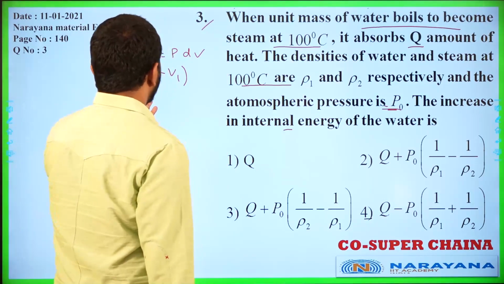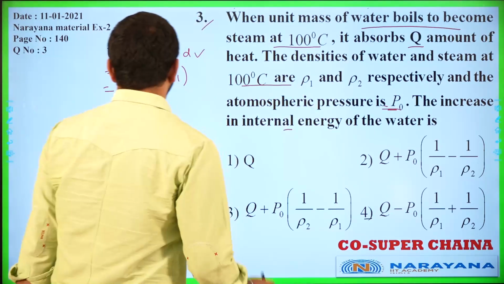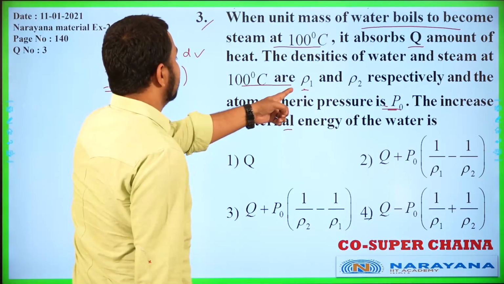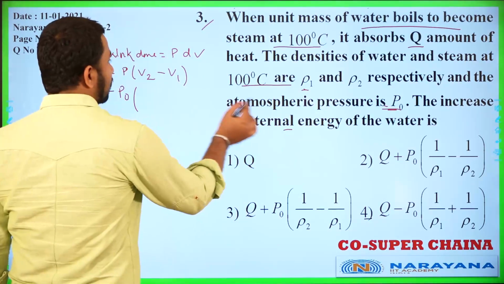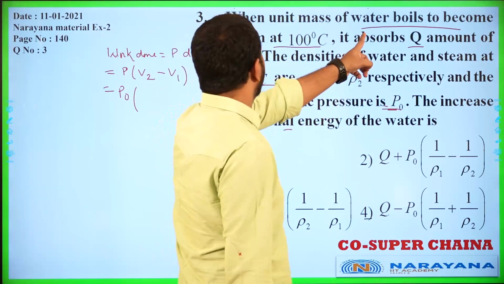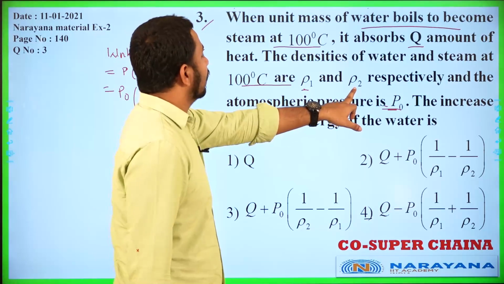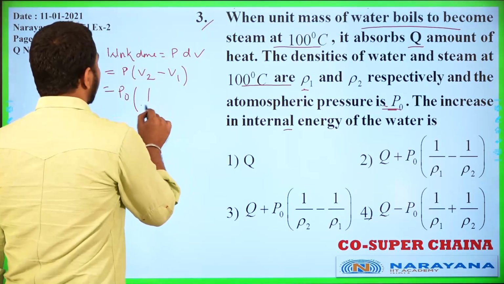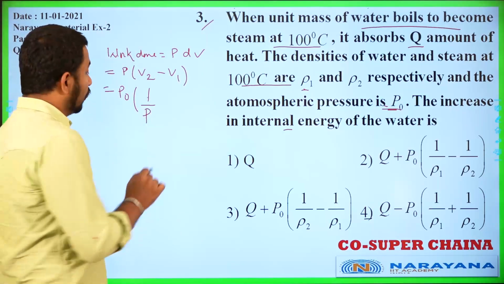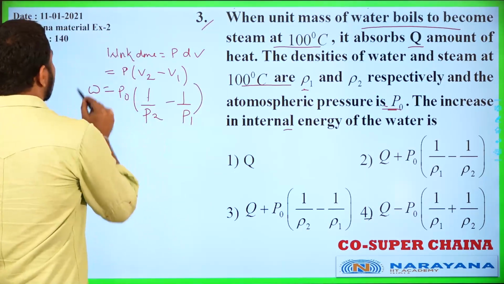It will be changing the state from this ρ1 to ρ2 here. So here we'll write first, when a unit mass of water boiled to become steam, finally it is steam. So we have to take the density of steam first. So 1 by ρ2, because unit mass we are taking, so mass we are taking as 1. So 1 by ρ2 minus 1 by ρ1. This is work done here.